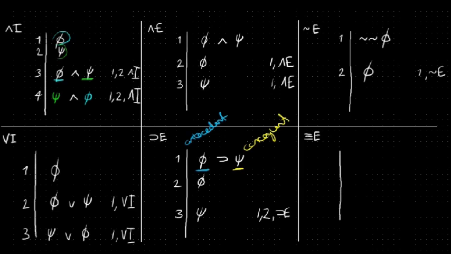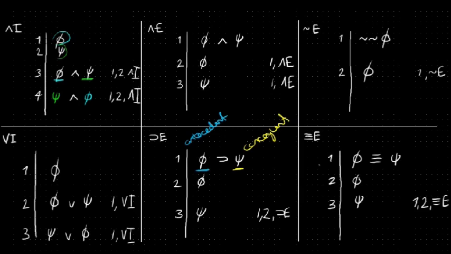Now the biconditional elimination rule is very similar to the conditional elimination rule. If we have phi if and only if psi, and we have phi, then we can derive psi. And again we'll need two lines of justification, 1 and 2, and our biconditional elimination rule. But whereas the conditional statement can only go one way, a biconditional goes both ways, right?